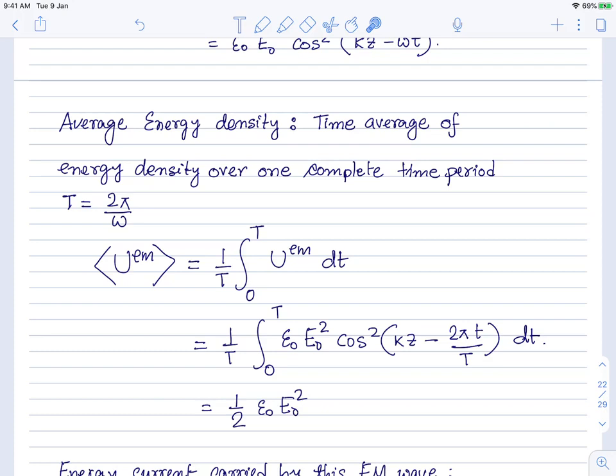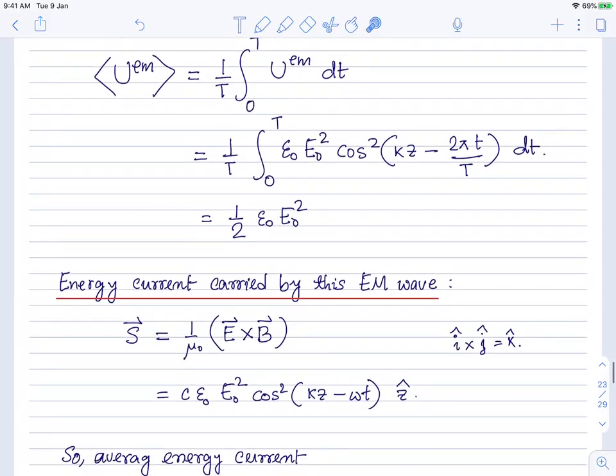That's a very important result. If you remember this, you will find it super useful. Cos square integrated over one cycle is half, no matter what multiplies it; you can check this integral explicitly. So the average energy density in the electromagnetic wave is half epsilon naught E naught square. The average energy density is proportional to the amplitude square of the electromagnetic wave. Okay, very good.